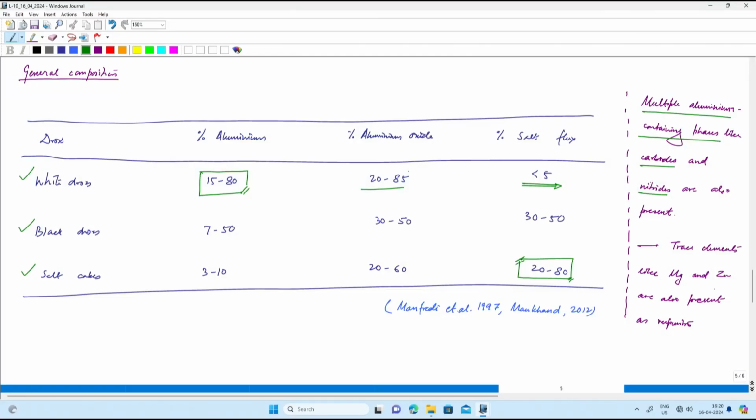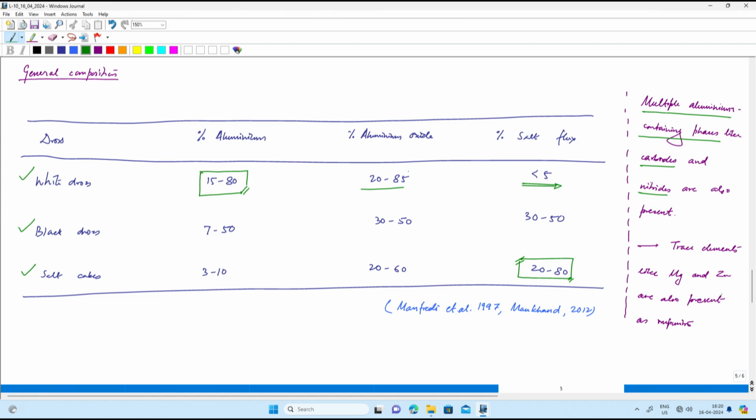So if there is a large amount of oxygen, we will have aluminium oxide forming. Some amount of nitrogen and carbon are also present, so we will have the formation of carbides and nitrides in the dross as well. Some amount of trace elements.